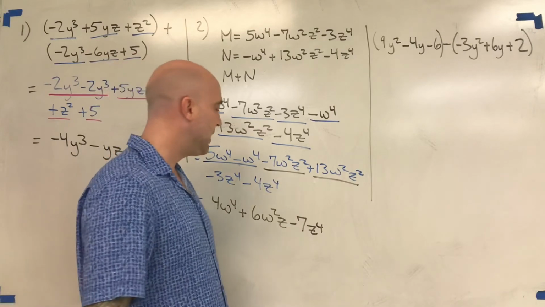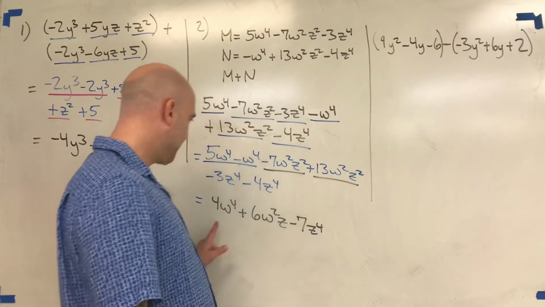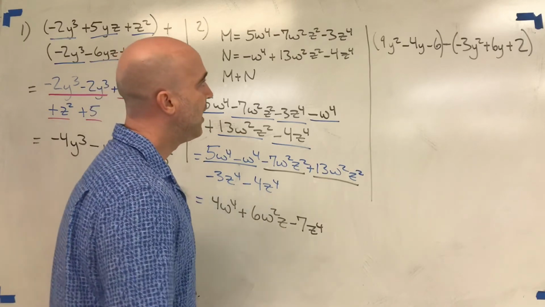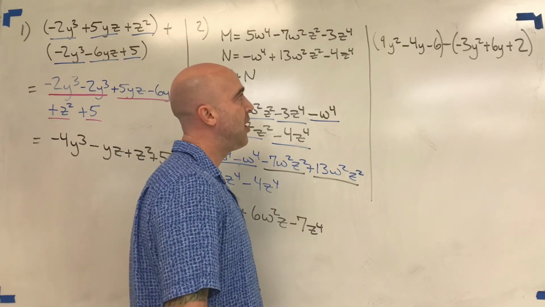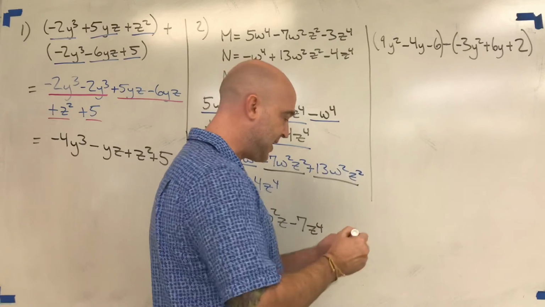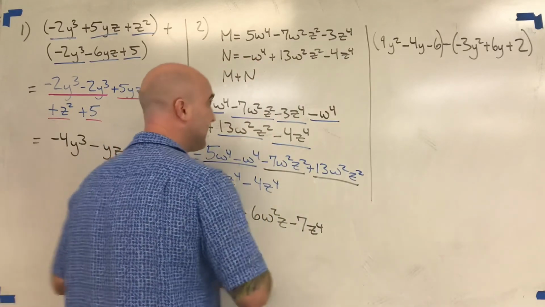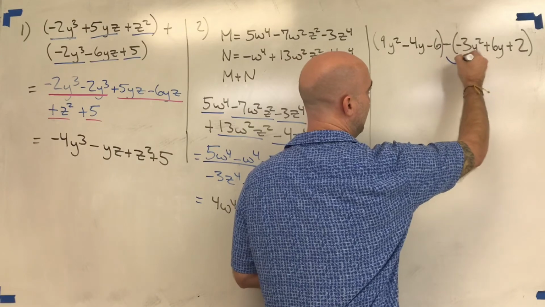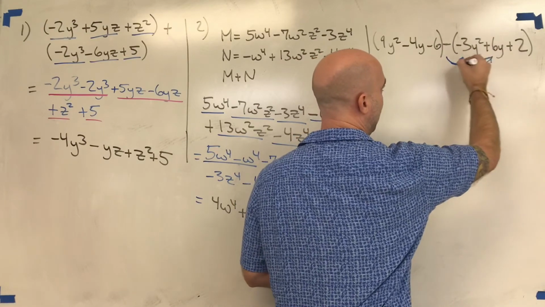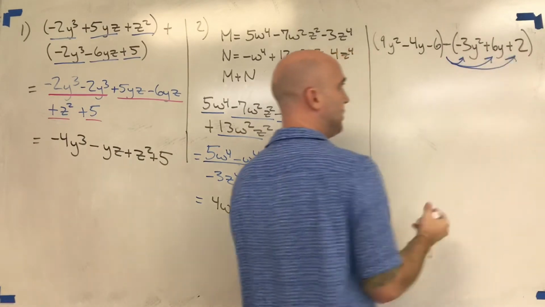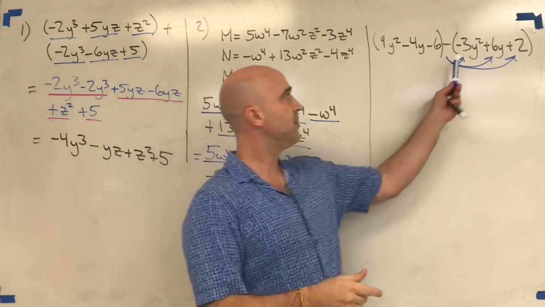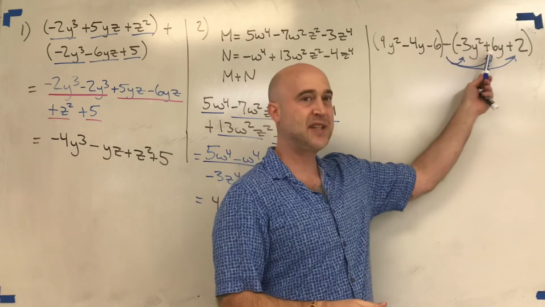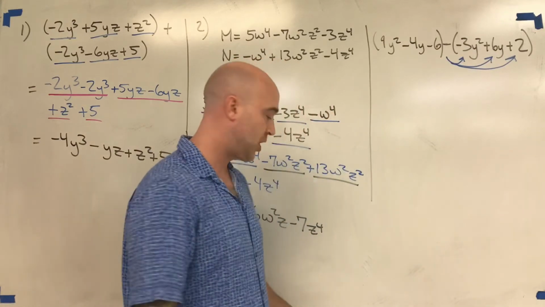On the last one here, let me make sure everything looks good. Yes. All right. On the last one, we have the negative sign floating around now. So this negative is going to distribute to each term of the parentheses it's applied to. There are 3 terms inside this parenthesis with that negative outside, so the negative distributes to each one of those terms.